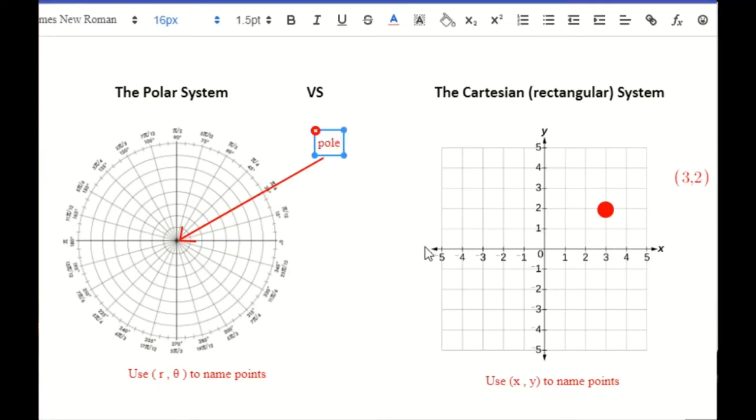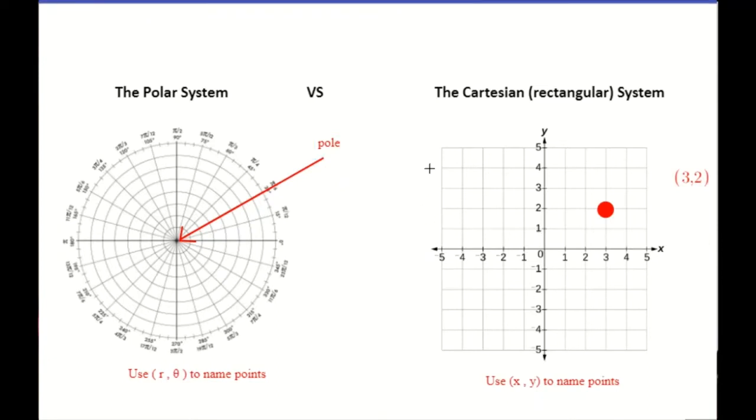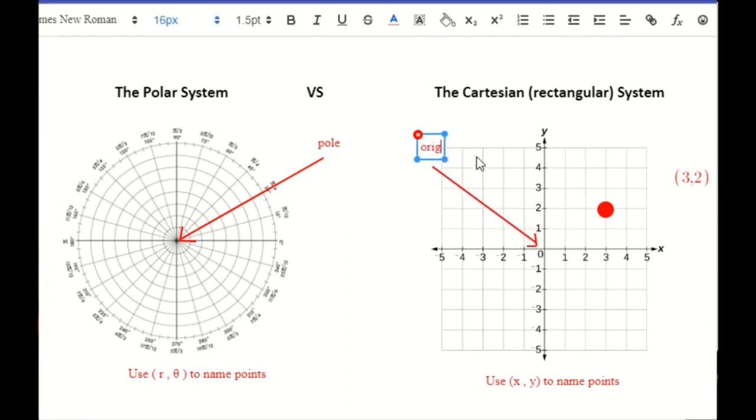Okay, so you're still going to be starting from that center point, but we're just going to call it something different. Again, on the Cartesian system, it's called the origin, and in the polar system, it's called the pole.